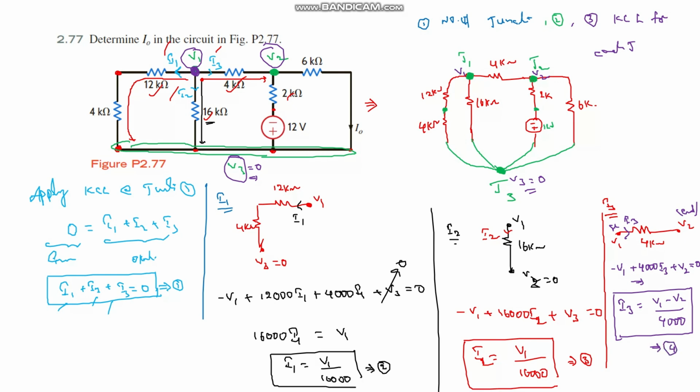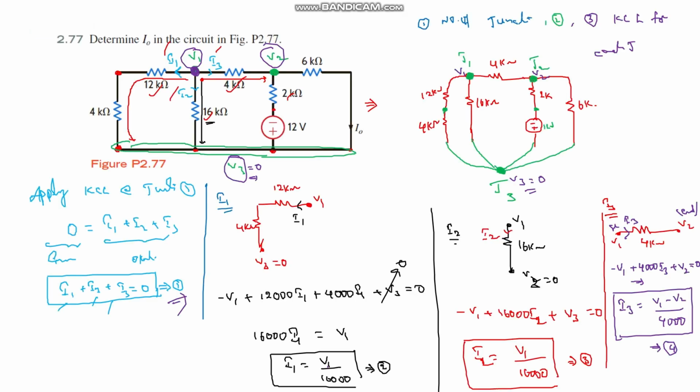Here we applied KCL at junction 1 only. After applying KCL at junction 1, we got the I1 expression, I2 expression, and I3 expression. Now substitute these three equations in equation 1. What is equation 1? I1 plus I2 plus I3 is equal to 0.